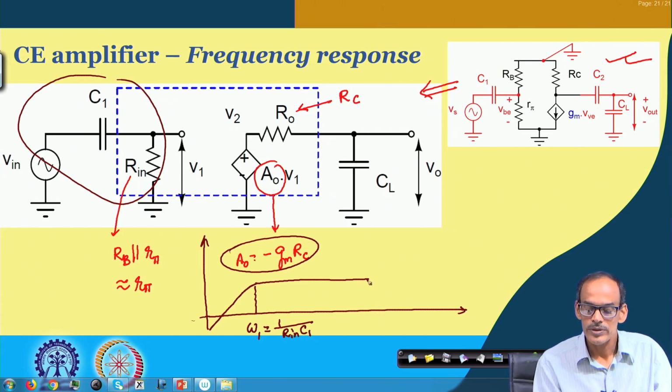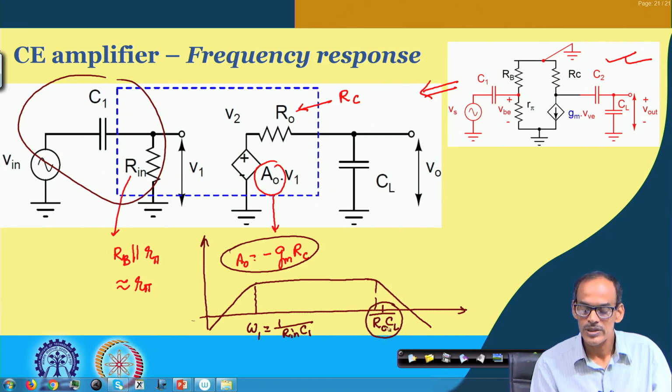On the other hand, the upper cutoff frequency is defined by R c and CL, so 1 by R c into CL defines the upper cutoff frequency, and the gain is 20 log base 10 of Gm into R c.